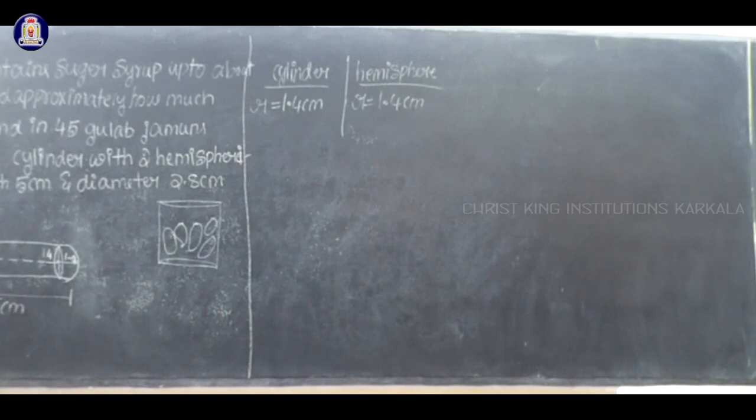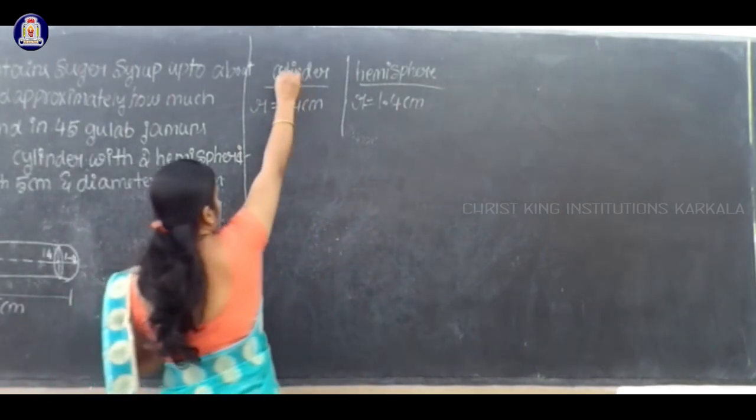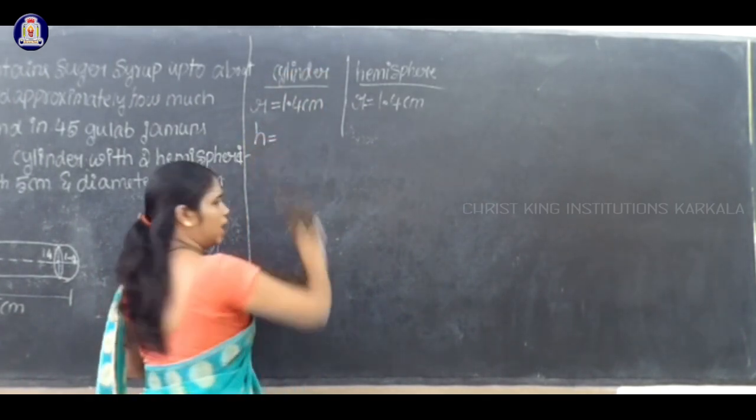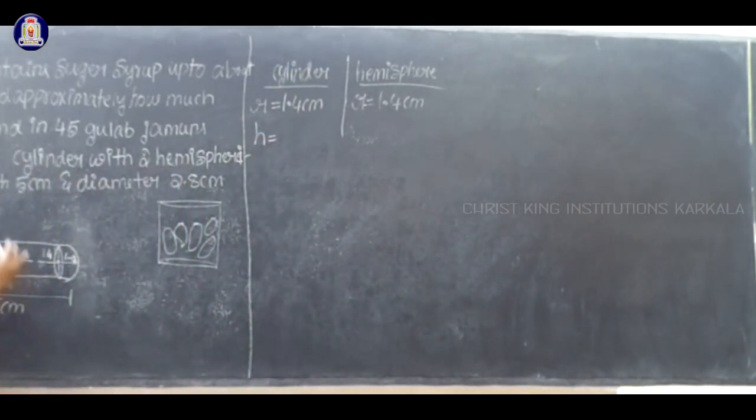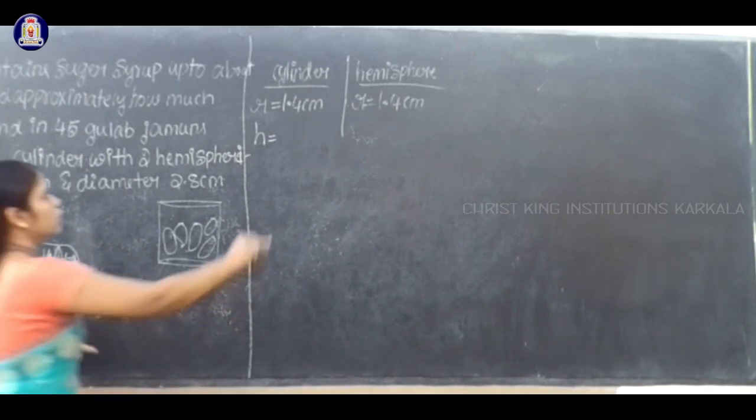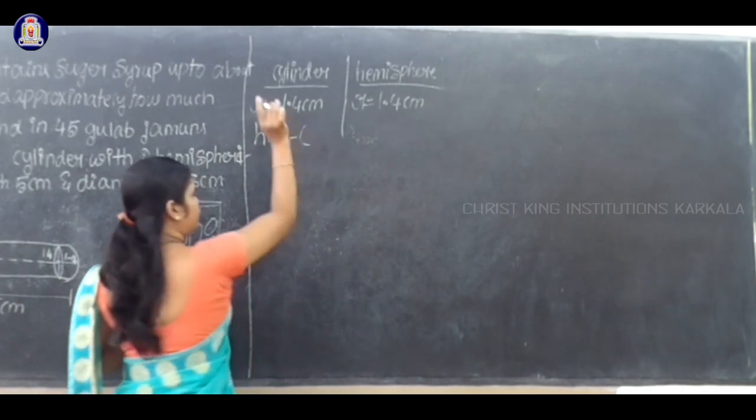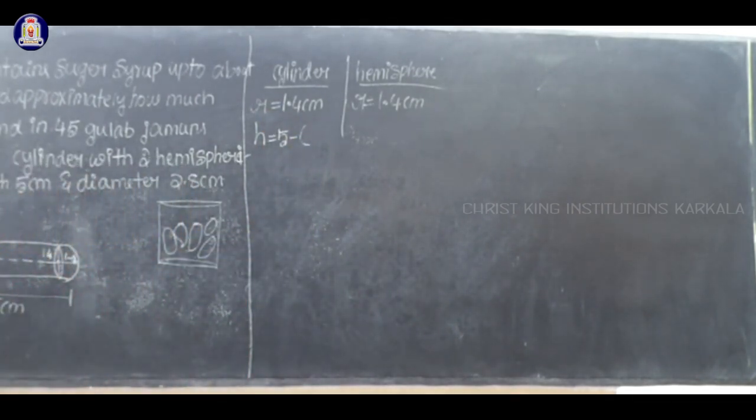Now my question is, what is the height of this cylinder? Under the cylinder column, how to calculate the height value? See, full length is given, this is your full length, 5. From this 5, if you remove this part, which is 1.4, and this part, which is 1.4, the remaining will be the height of the cylinder.